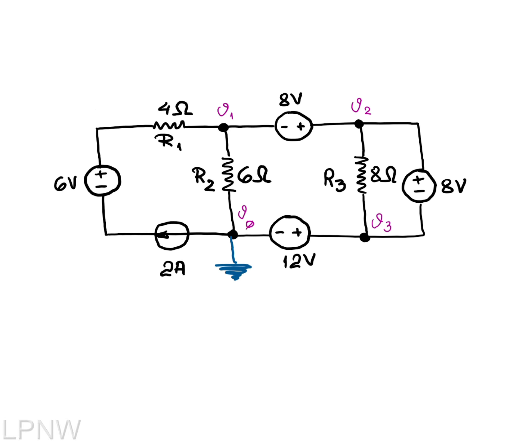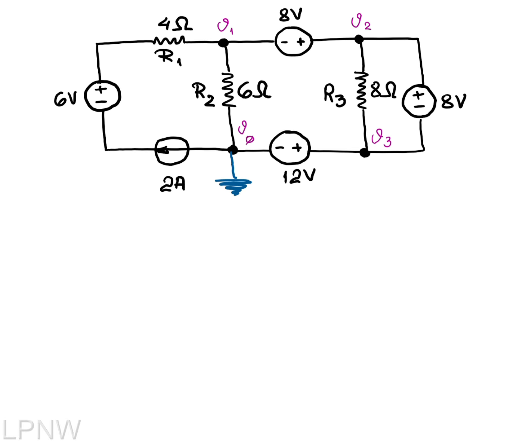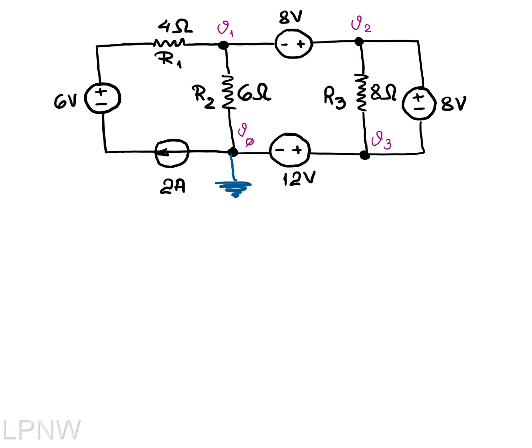Because we're going ahead with nodal analysis, I'm going to first organize a couple of nodes. I located the reference node, the ground, V naught, with 0 volts. So immediately I can write that V naught is 0 volts.